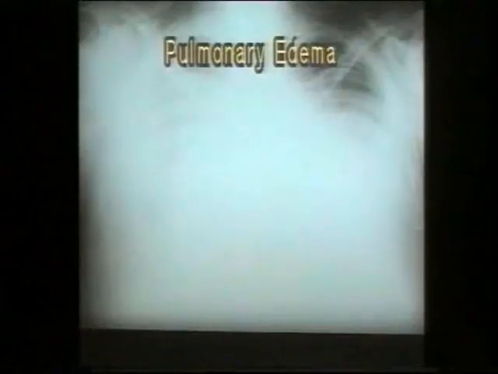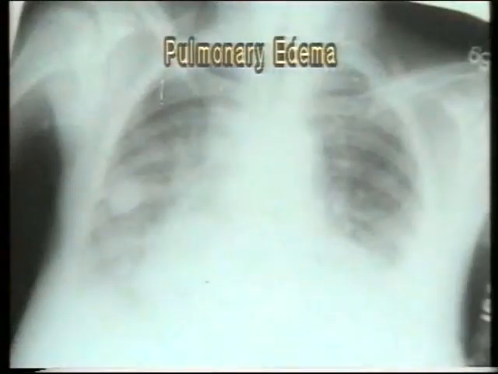Now this is a very interesting series of 3 X-rays. The first X-ray, when the patient presented in acute left ventricular failure, shows a very severe degree of pulmonary edema with alveolar edema almost all over the lung fields. The second X-ray after 1 day of diuretic and digoxin therapy shows that the pulmonary edema has dramatically reduced.